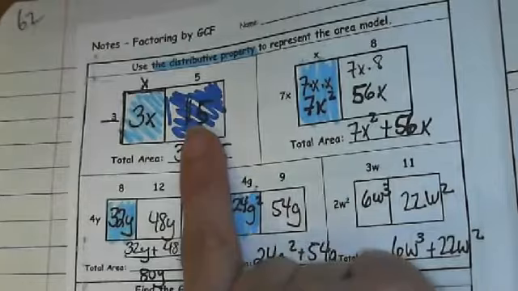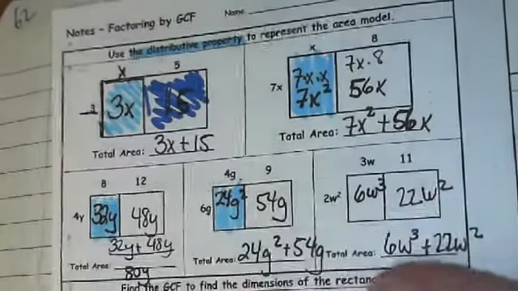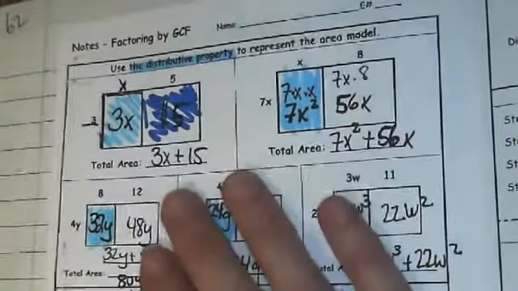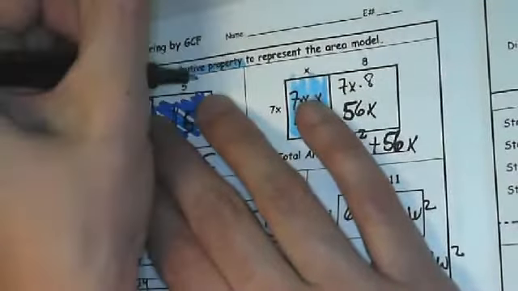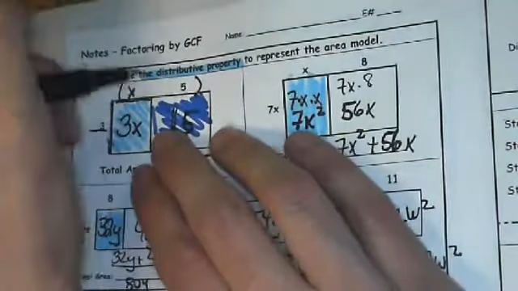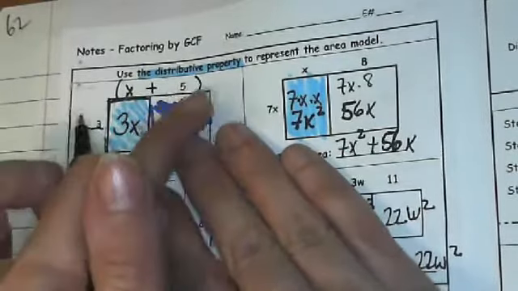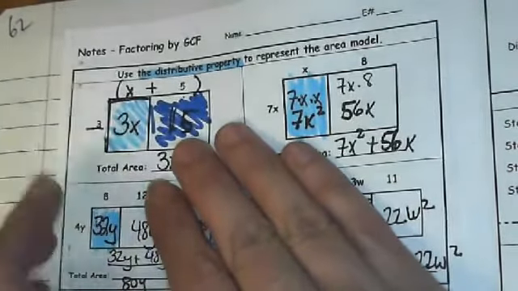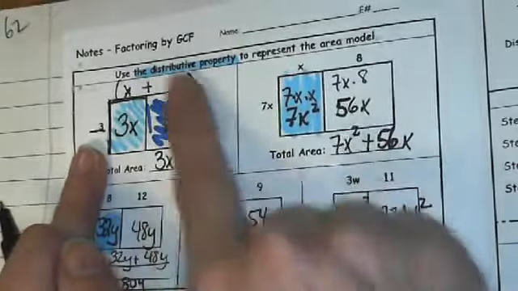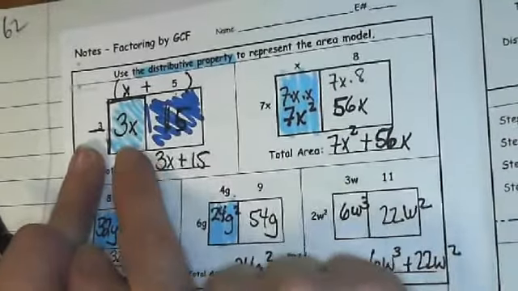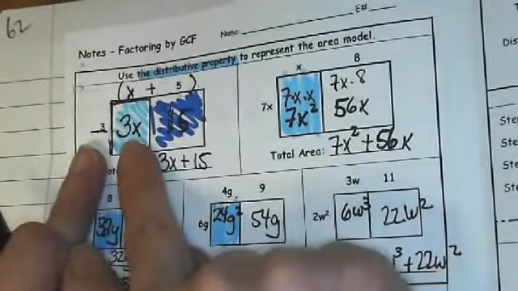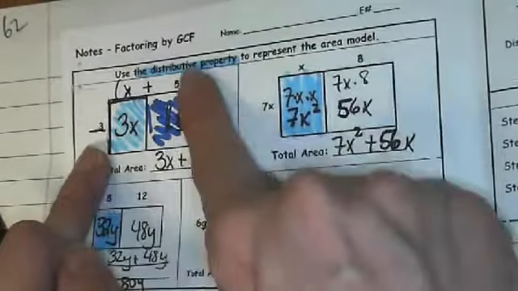Looking at the distributive property, I would put parentheses around this piece, because this is x plus 5. And then the 3 is outside of the parentheses. So when I multiply 3 times x to get 3x, and then 3 times 5 to get 15, I put it all together, I get 3x plus 15.